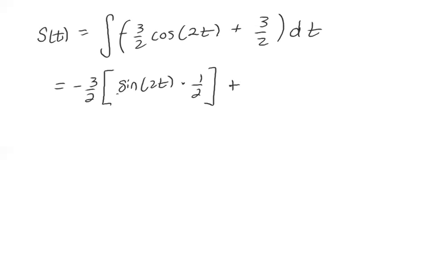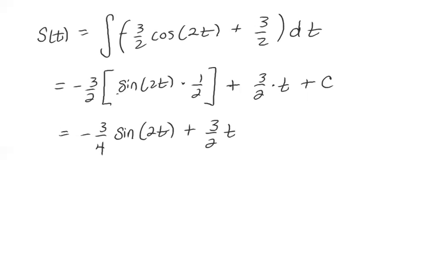That is all plus the antiderivative of 3/2, which is 3/2 times t. And that is all plus the arbitrary constant c, which is equal to negative 3/2 times 1/2, which is negative 3/4, times the sine of 2t plus 3/2 t plus c.